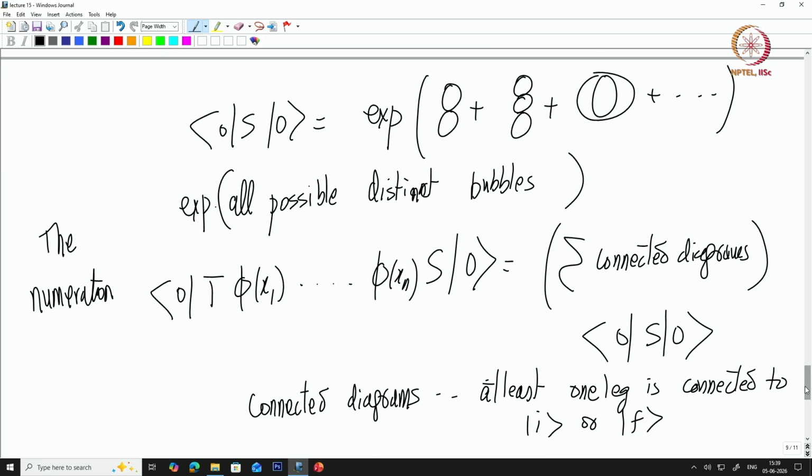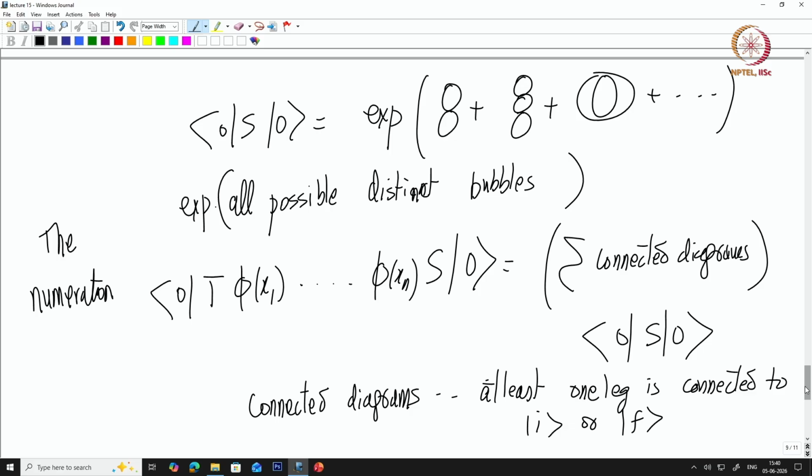Connected means at least one of the legs is an external line, meaning an incoming particle or an outgoing particle. So at least one of these legs is an external line, times this bubble again.